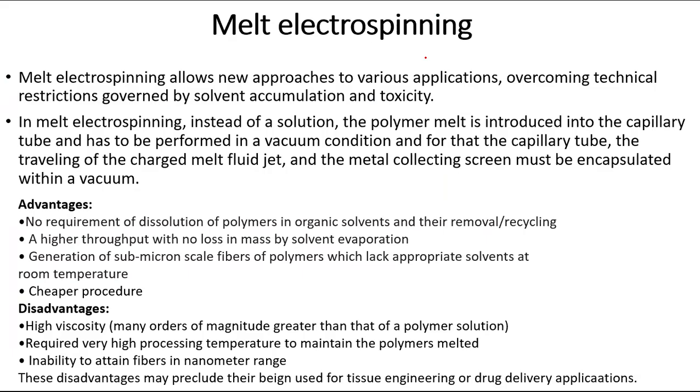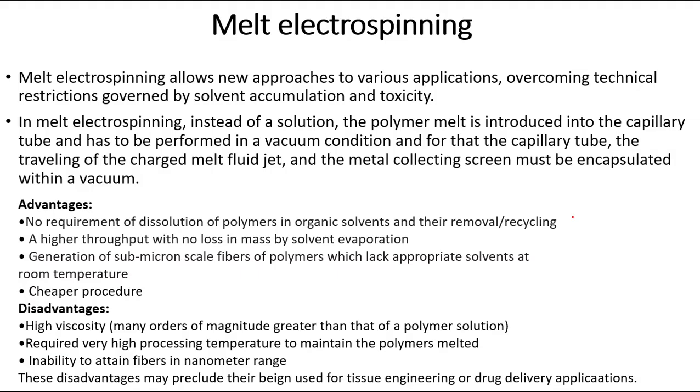And that's actually for the solvent electrospinning. There's another thing called melt electrospinning. The melt electrospinning will allow you to produce nanofibers in a variety of applications. Why? It is because it can overcome certain technical limitations in the solvent electrospinning.